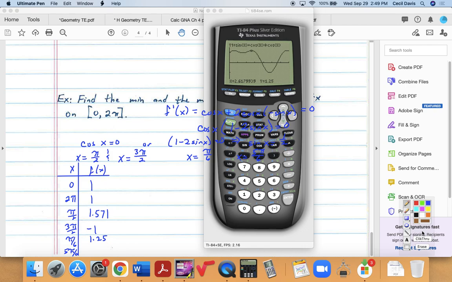Why pi over 2? Did I skip it? No, I think you wrote down what x was for and you watched y. Oh, I wrote down the x, sorry, my fault. So this is 1.25. The max is 1.25.